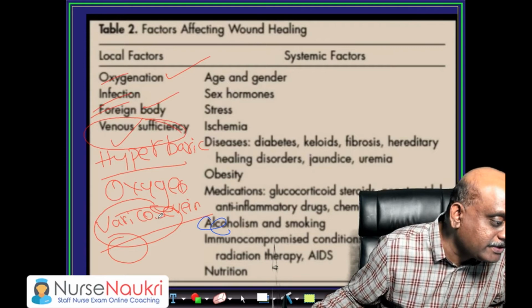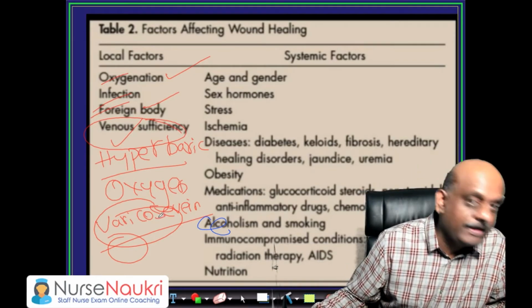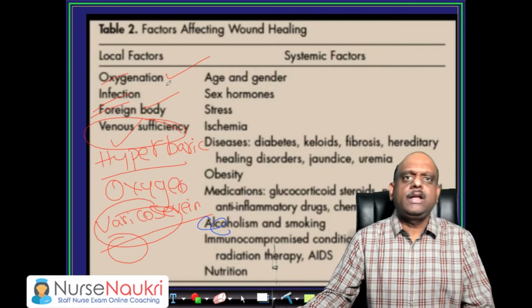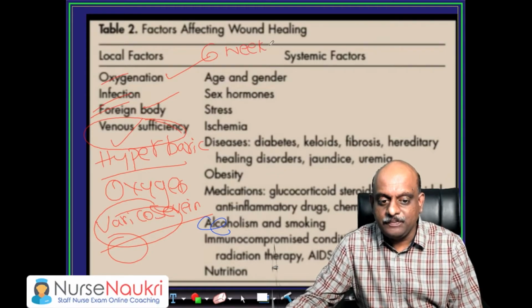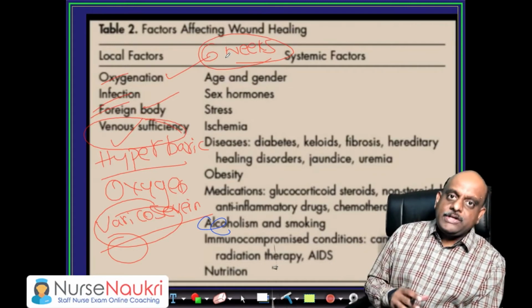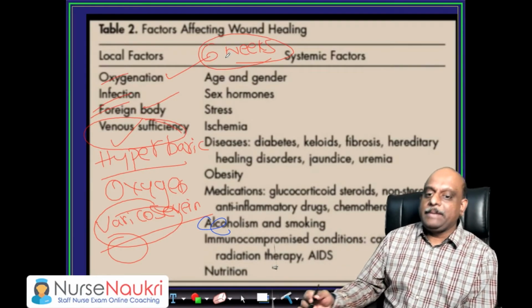How many days will it take to heal a fasciotomy wound, sir? Excellent question, Roja. Typically any wound takes about 6 weeks, 1.5 months is the typical time, by the time collagen comes and contraction of the wound occurs.